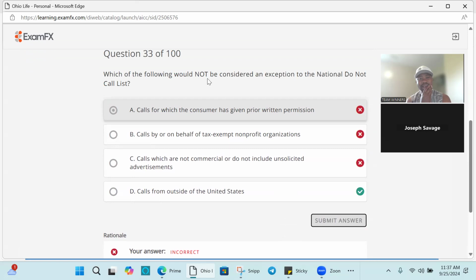And calls which are not commercial or do not include unsolicited advertisement, those are also. So calls from outside the United States are not allowed, so they are not an exception to the National Do Not Call list. So I think I don't have to adhere to the Do Not Call list if I'm calling from a charitable organization.